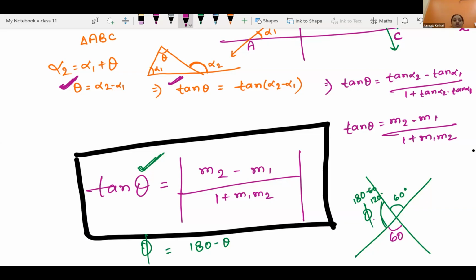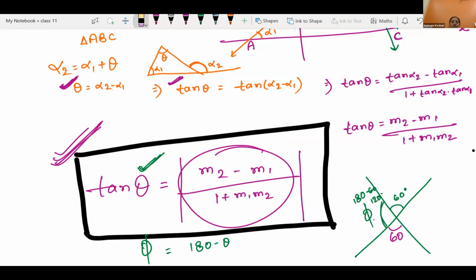So you should just memorize this formula. There is a formula for finding the angle between two lines, and the formula is mod of m2 minus m1 by 1 plus m1 m2. Mod means that if you get a negative answer, you should take it as positive. If after doing all the calculation you get minus 2, you should take it as a positive number.